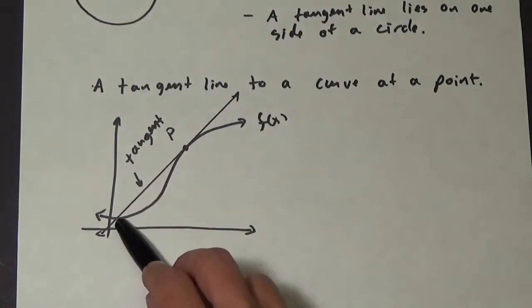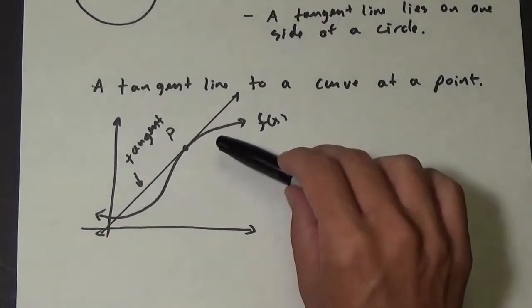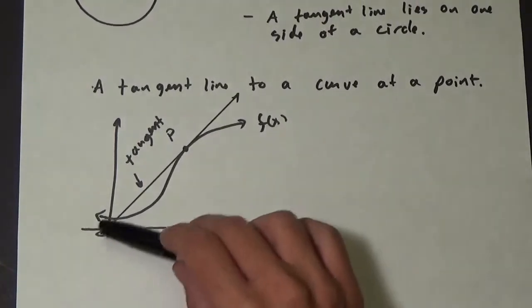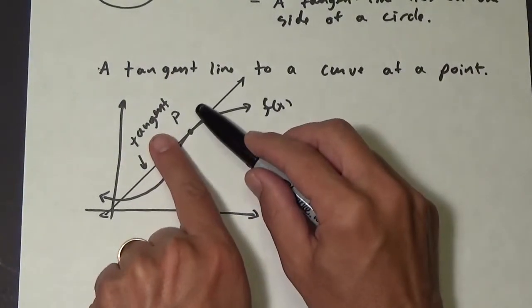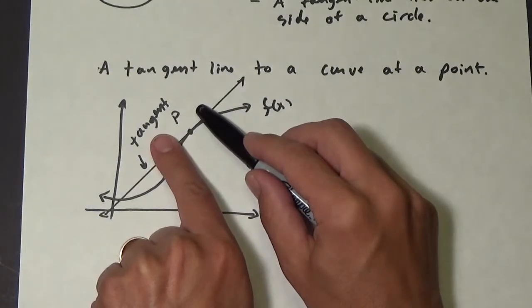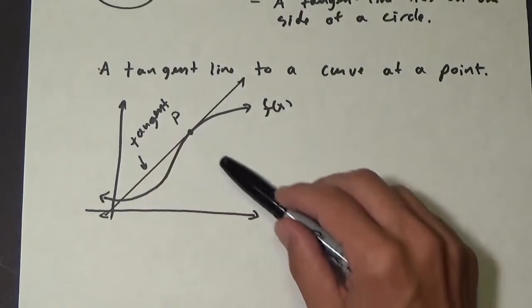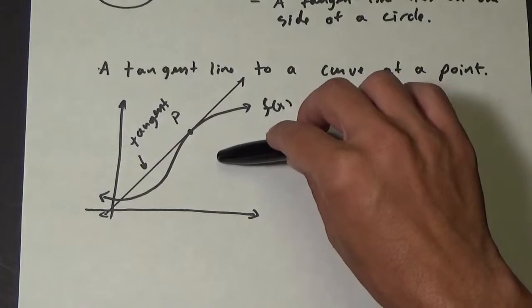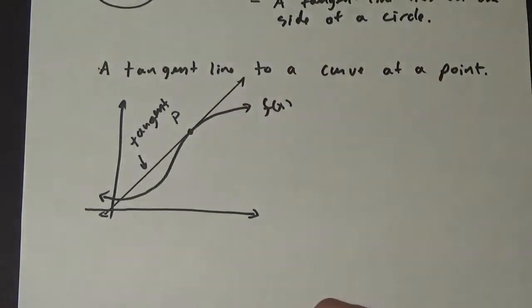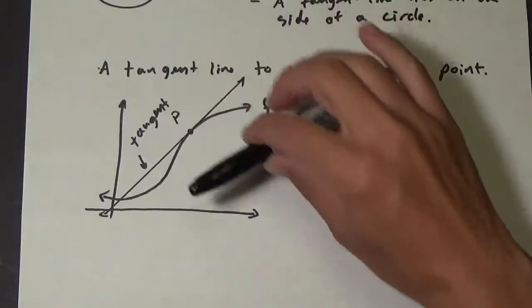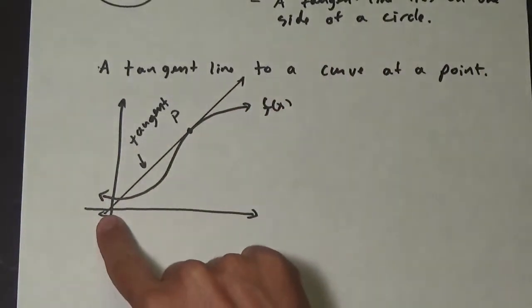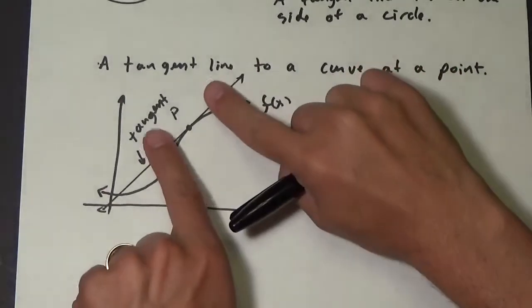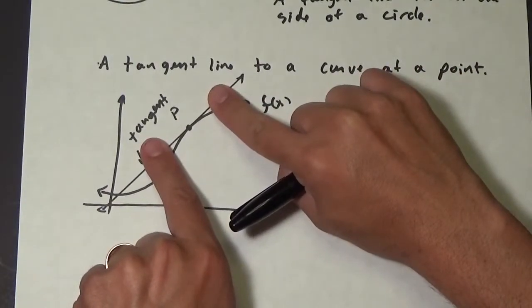Now it does intersect later on, but when we talk about curves, it's okay if it intersects later on, as long as it only intersects one point at that little section, we're okay. It's perpendicular to a radial, so there is some radius out here, and it's perpendicular to that, and it's all on one side of the curve. Now again, that's only here, because it does go on the other side down here, but we're only interested in this little side of the curve.